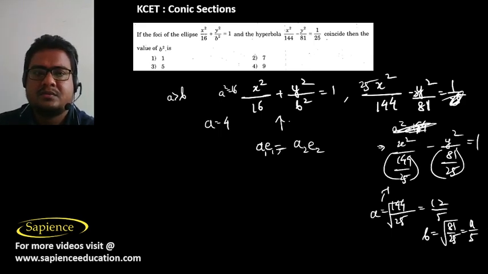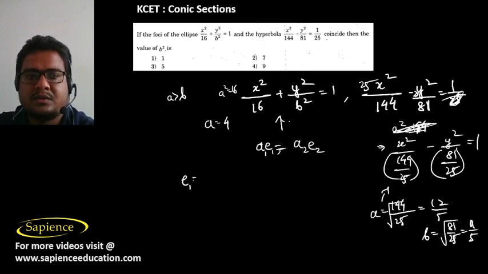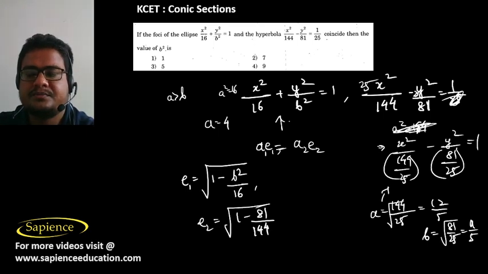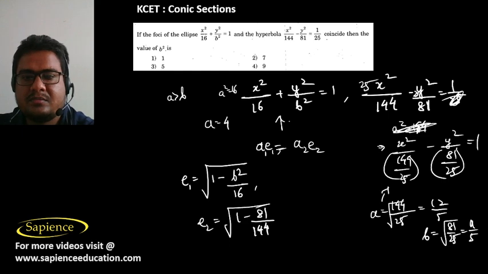So E1 will be equal to square root of 1 minus b square by a square, and E2 is square root of 1 plus b square by a square, that is 81 by 144.